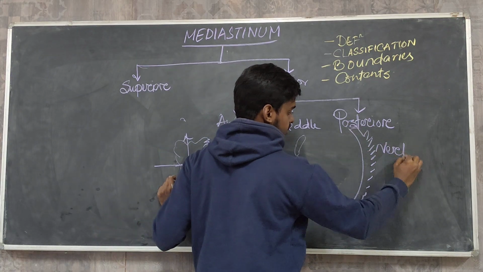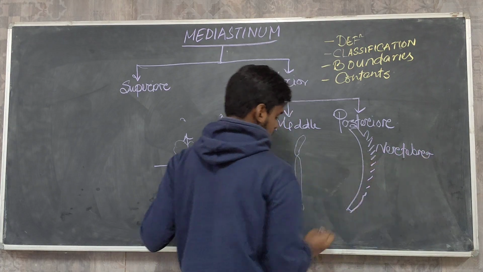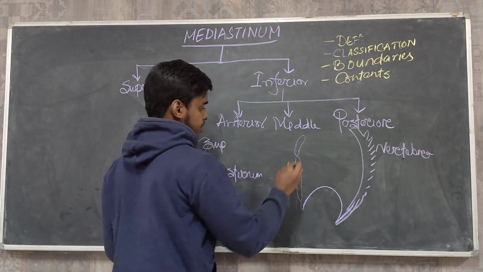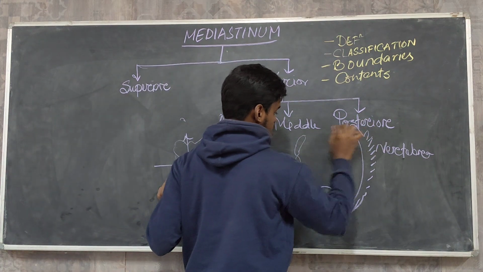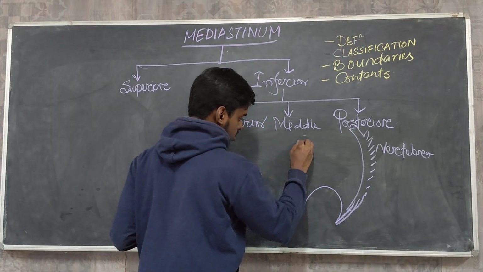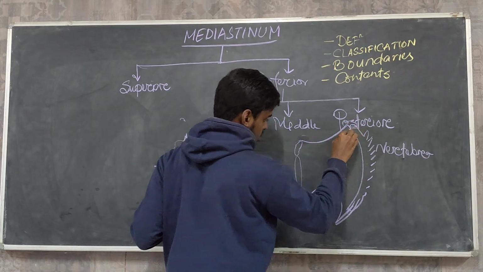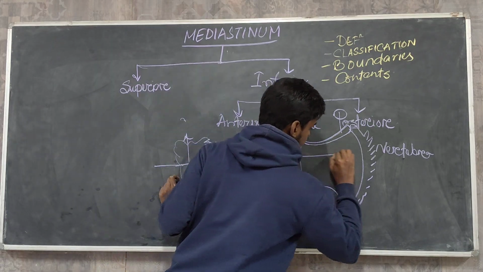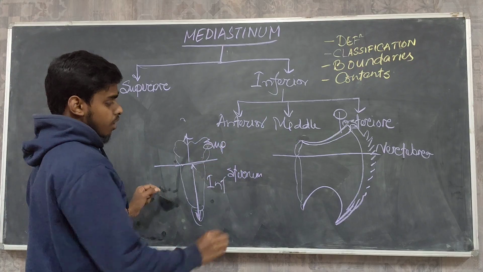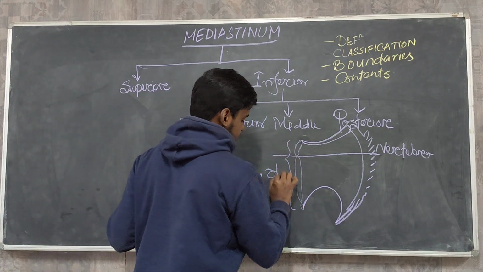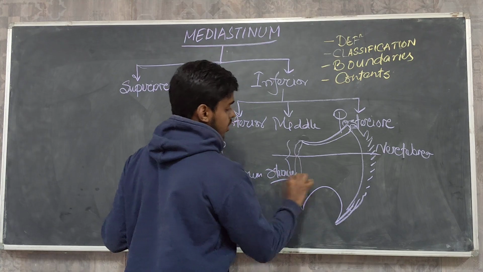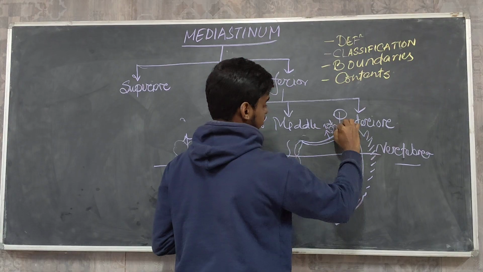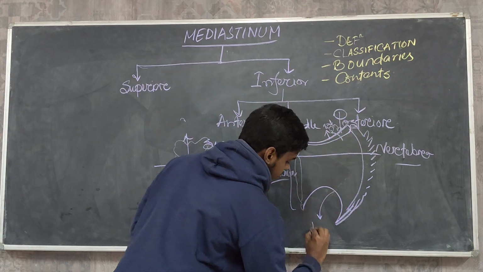This is the vertebra, this is the first rib, and this one is the diaphragm.